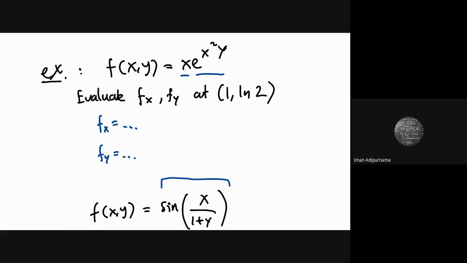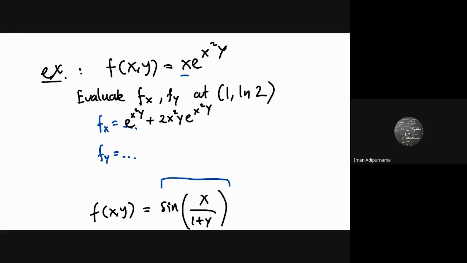So first we write this, and then plus 2xy, and then multiply by x, and then x squared, and e to the x squared y, right?